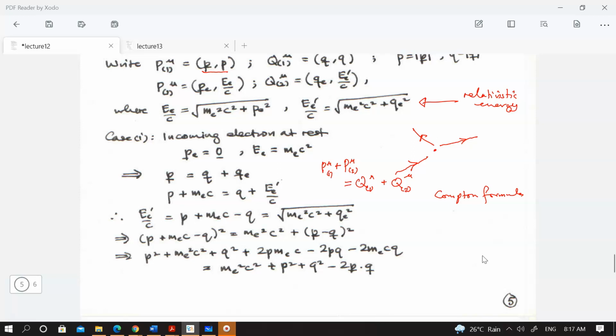So here you have a square root. So what one can do is to square it. Okay, we square the two expressions over here. So you get P plus MEC minus Q squared, and then squaring on the right hand side will just remove the square root.